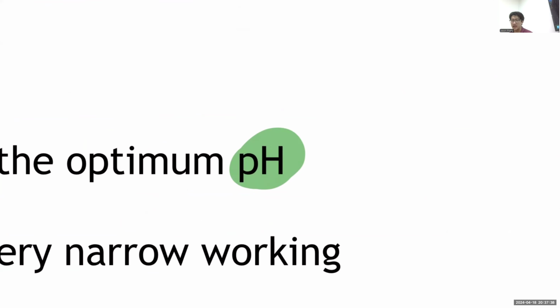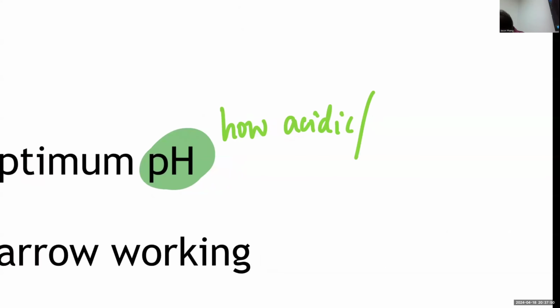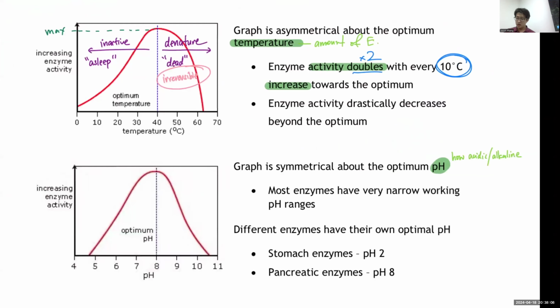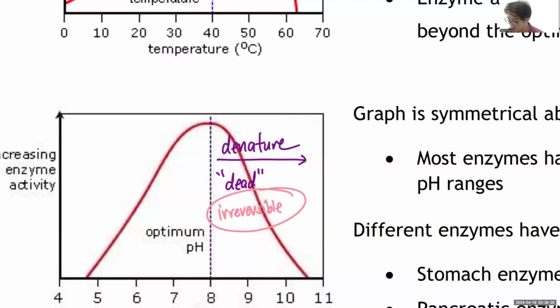You may not have learned it yet in chemistry. pH refers to how acidic or alkaline something is. For pH, it's the same for both sides.